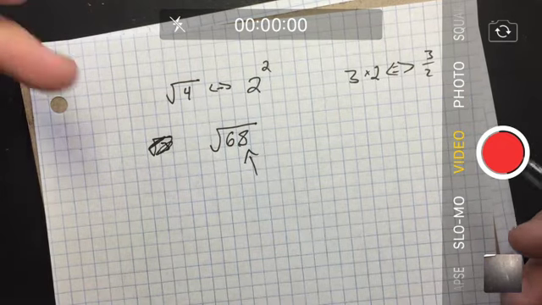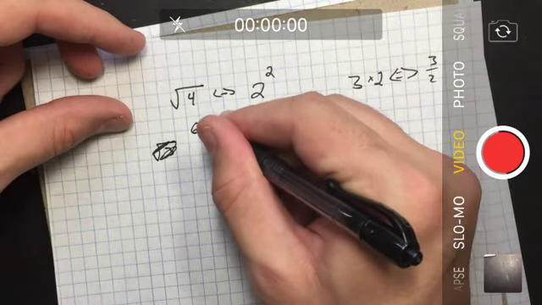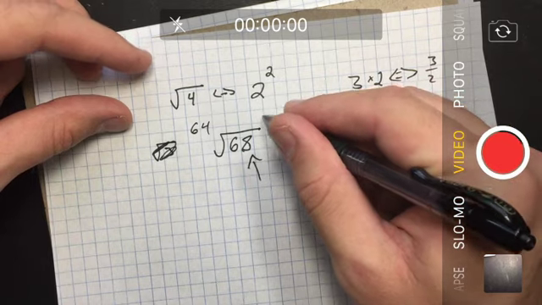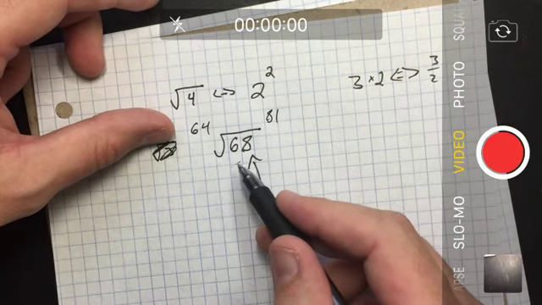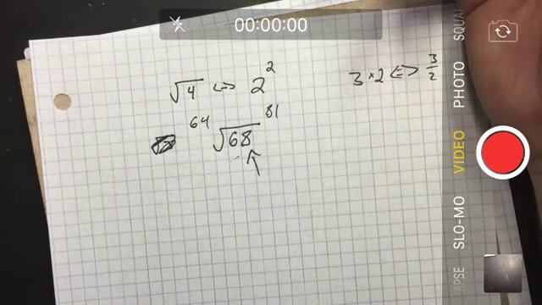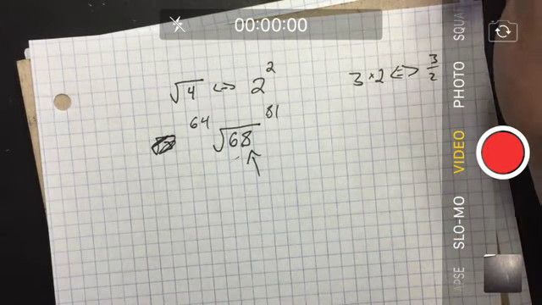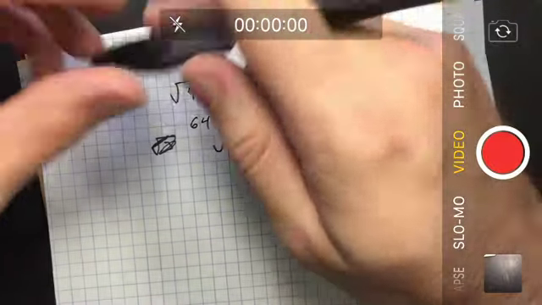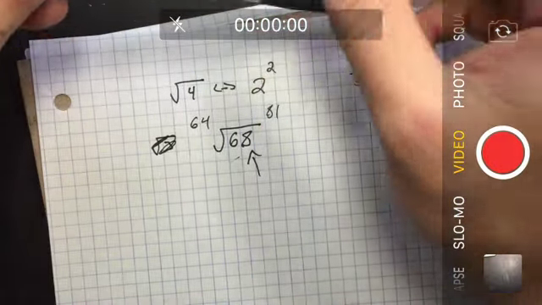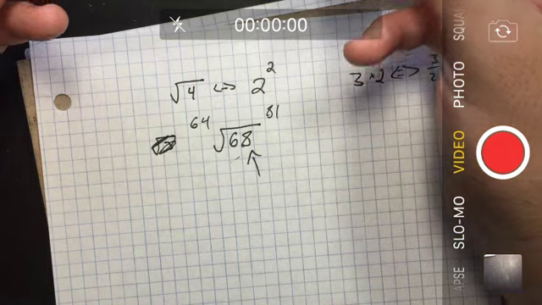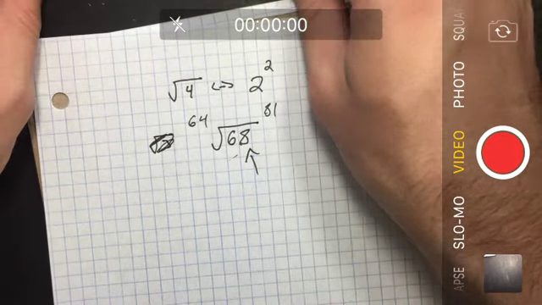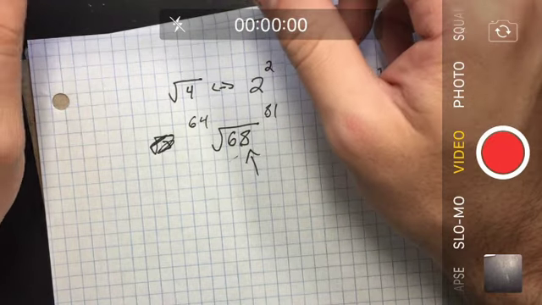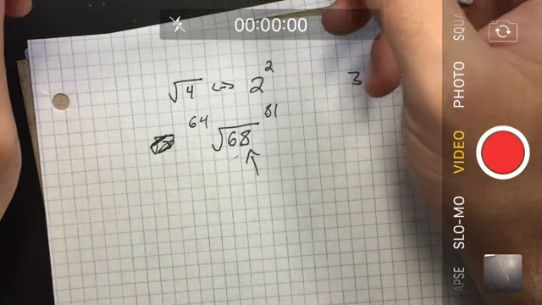It's not a perfect square, because a perfect square would be 64, and the next one would be 81, and it's in between that. So what's your best bet on how to simplify it? Well, we know that it's not a prime number. We can definitely break apart 68 if we need to. Keep that in the back of your mind.